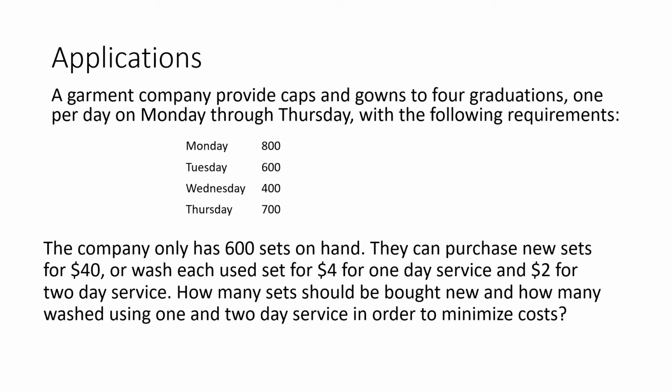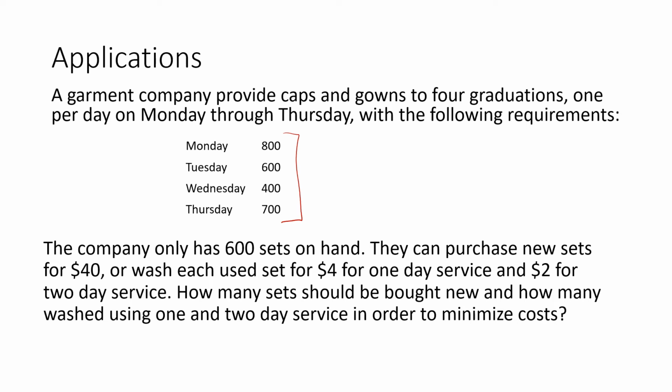Here's another example of something that is not a traditional looking shipment problem, but can be formulated as a shipment problem. So we have a garment company providing caps and gowns for 4 graduations, 1 per day on Monday through Thursday, and we have our requirements. So we have a certain number of things that have to be delivered, but now what about production? Can we take that production and break it up into these discrete groups that act like our warehouses?